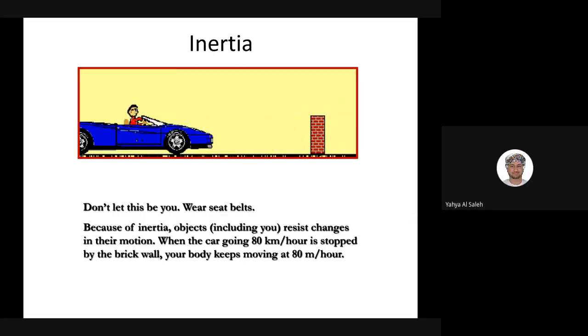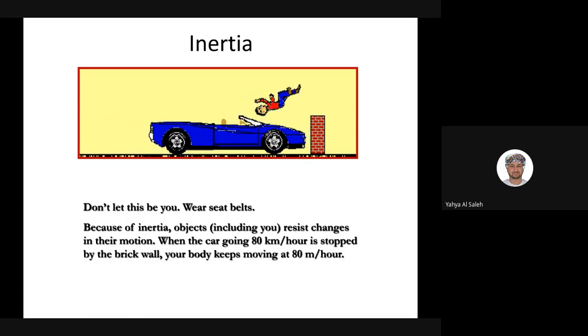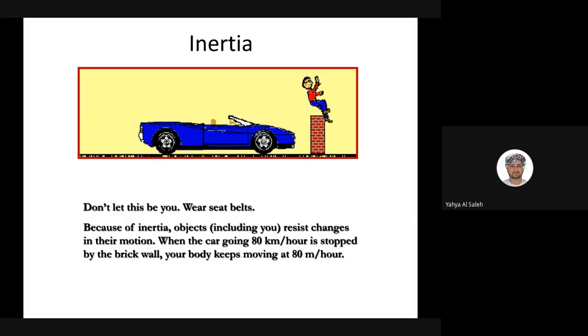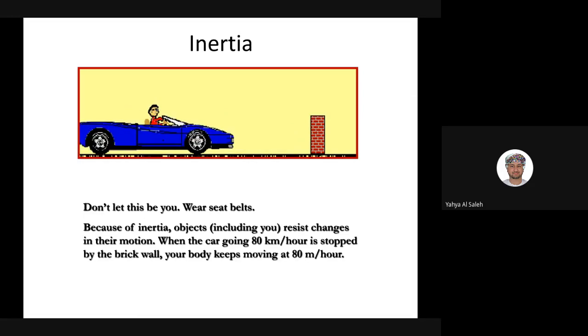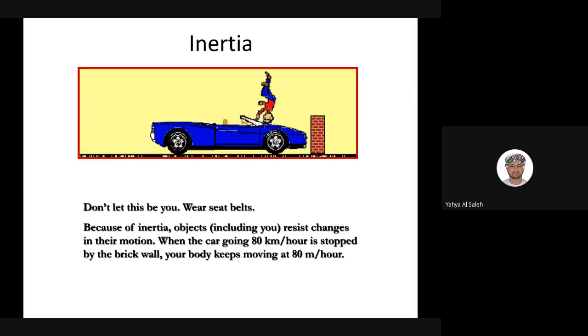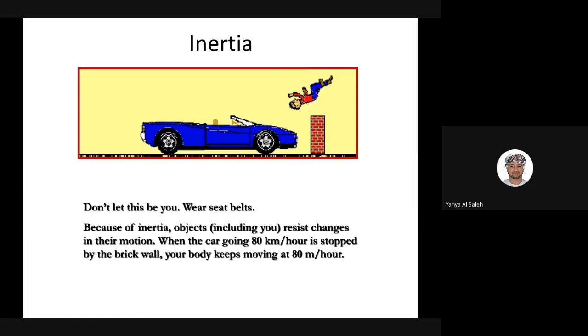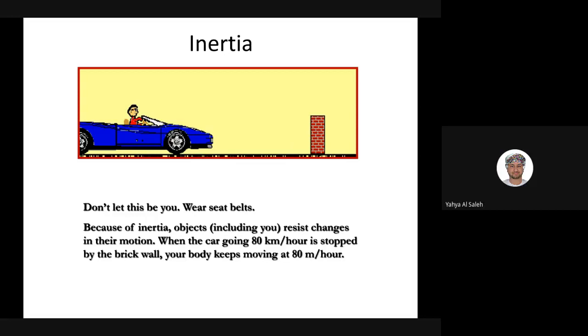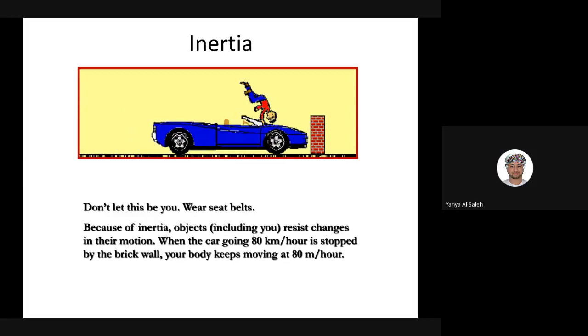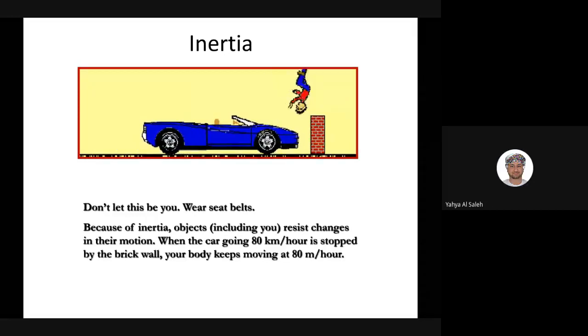So the wall exerts a very large force on the car, stopping the car immediately from 80 to 0 kilometers per hour. What is the force on you? The same? Are there any forces on you? No. Did you hit the wall? Did the wall hit you?